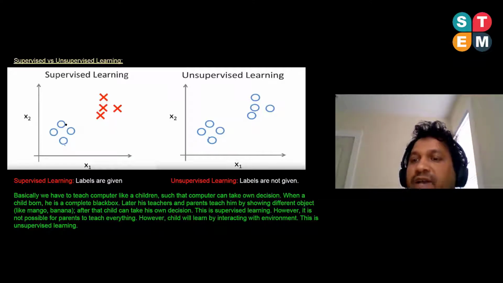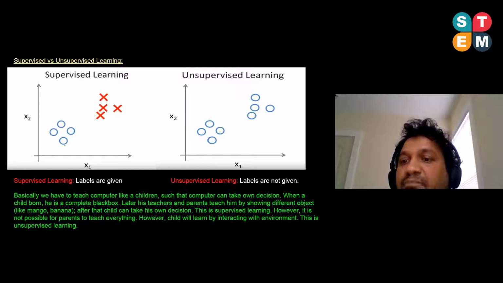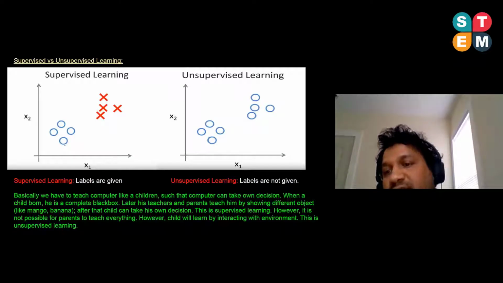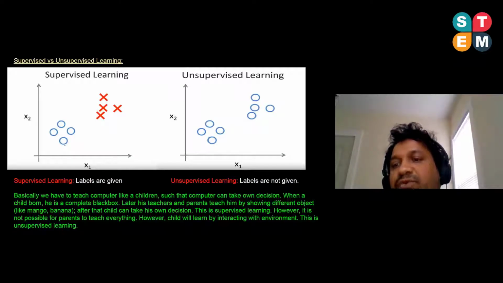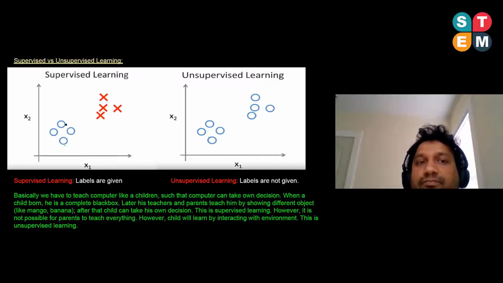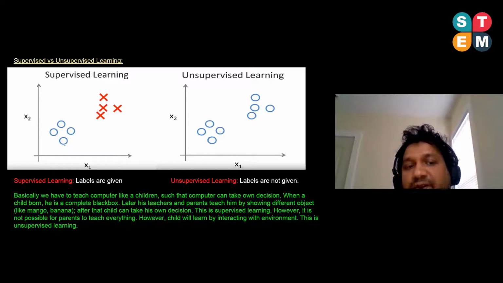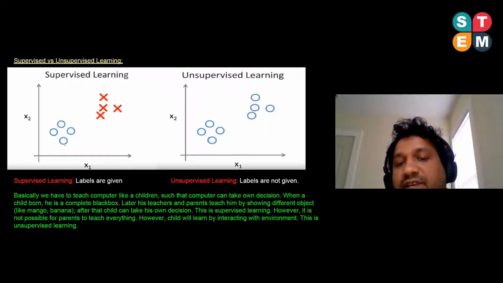By providing the labels and some past data, we teach the computer, and after that we provide new data and the computer takes its own decision. That's the method of supervised learning, meaning labels are given. However, it is not possible for parents to teach everything to children.